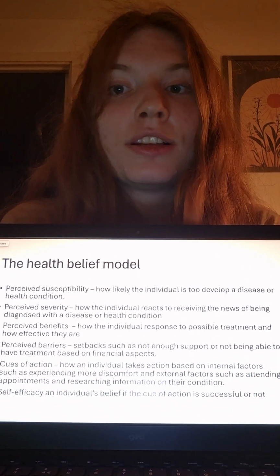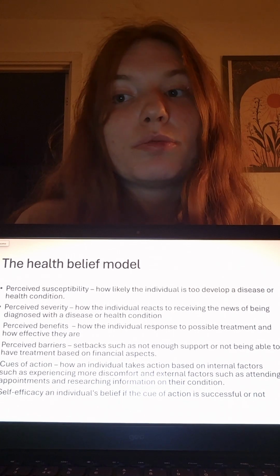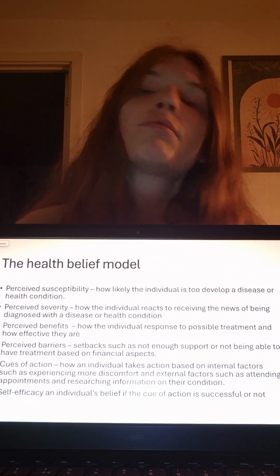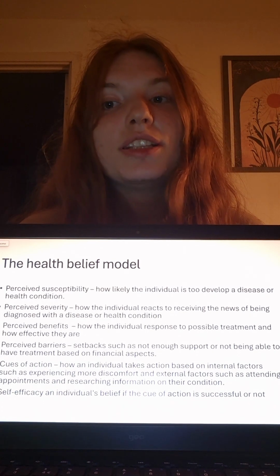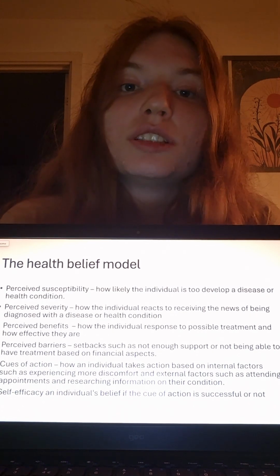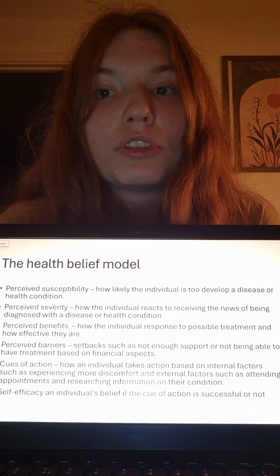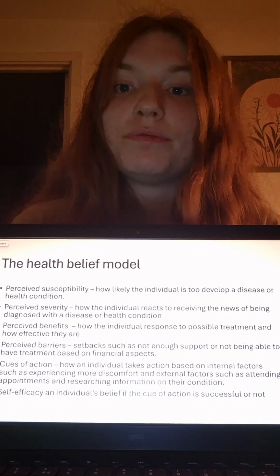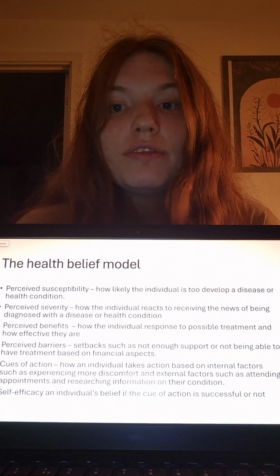Perceived benefits. This is how the individual responds to possible treatment and how effective they are. Perceived barriers. These are the setbacks, such as not being given enough support and not being able to have the treatment based on their financial situation. Cues of action.